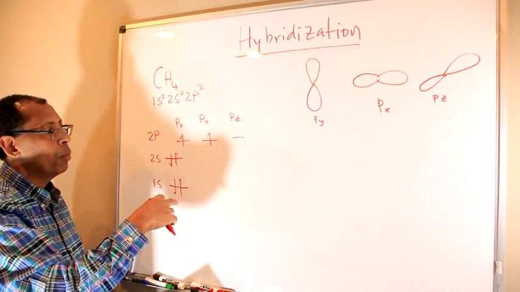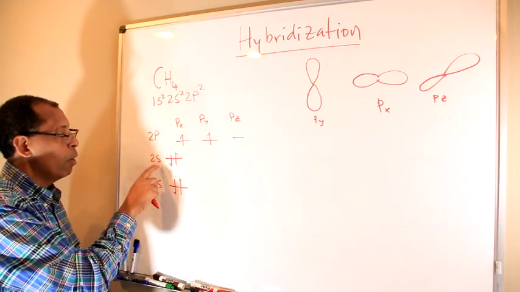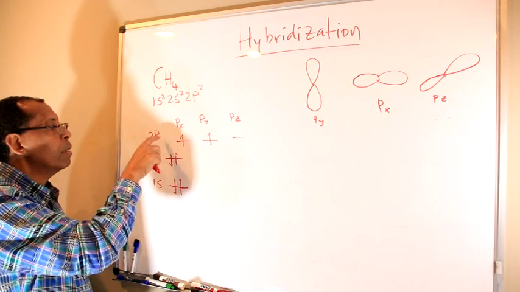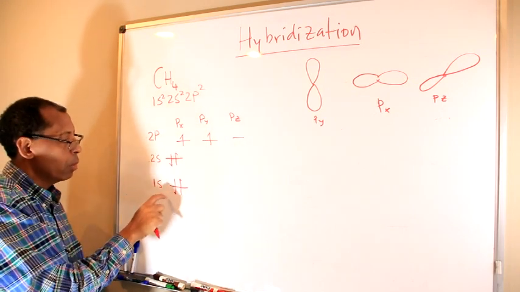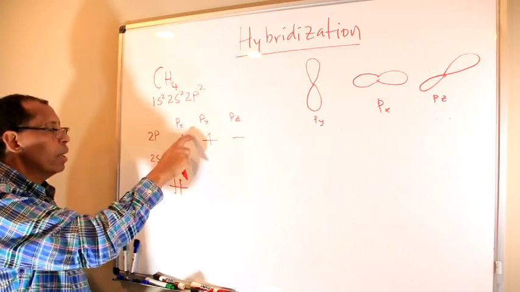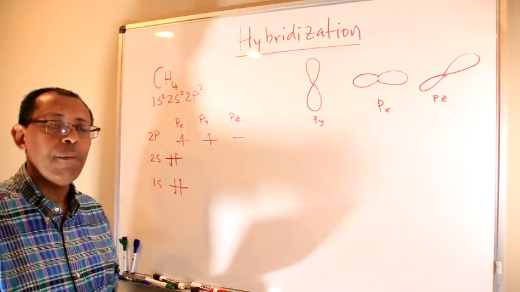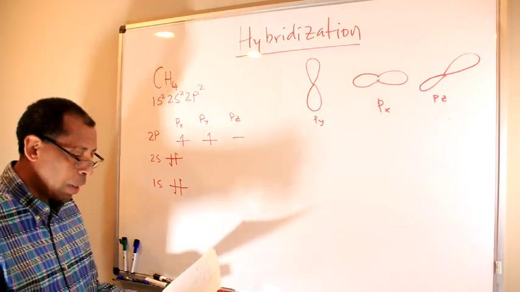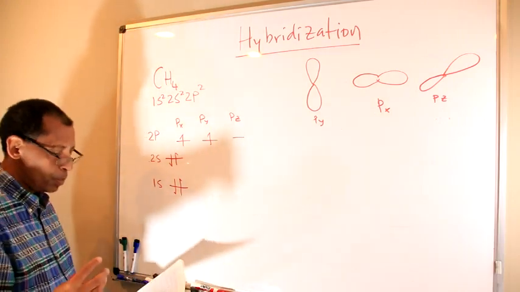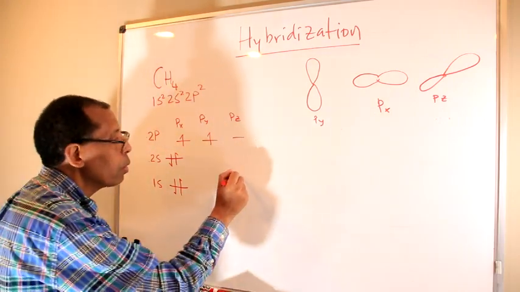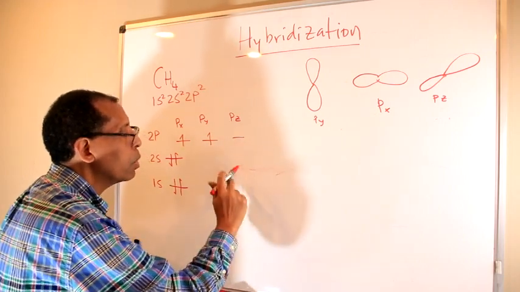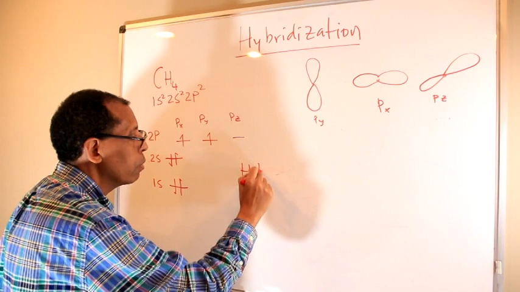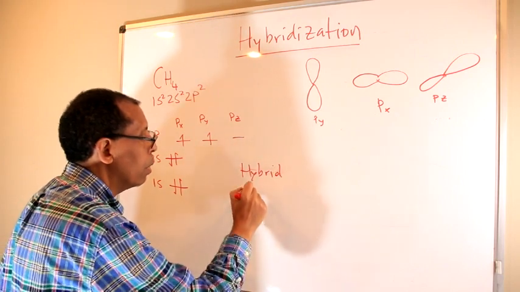The s and p are energetically very close, so hybridizing is to say that you are just trying to mix them. So the hybrid orbitals look like this.